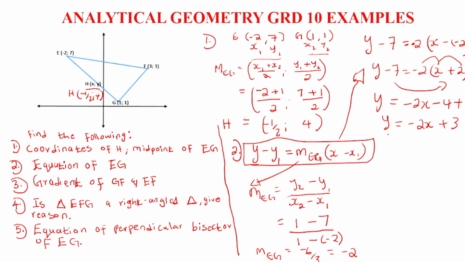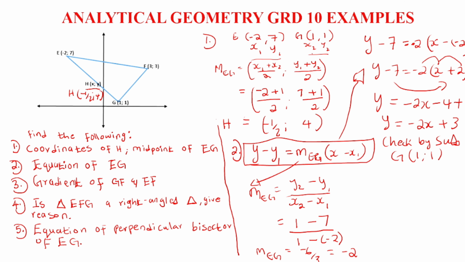You can double check this equation by substituting the coordinates of G, which is 1, 1. If x is equal to 1, what will y be? y needs to be 1. If it's not 1, then you would know that you have made a mistake. So I suggest that you double check and calculate very carefully.